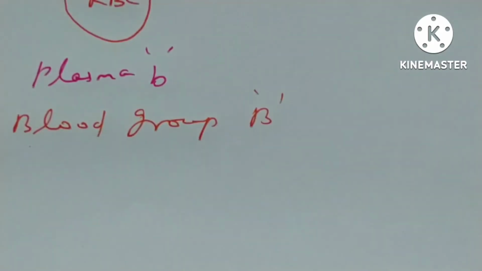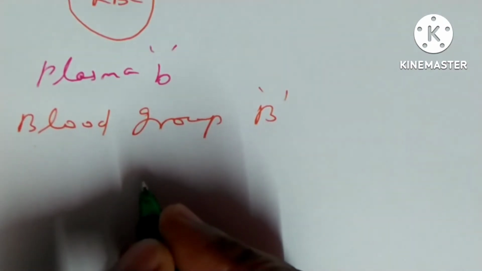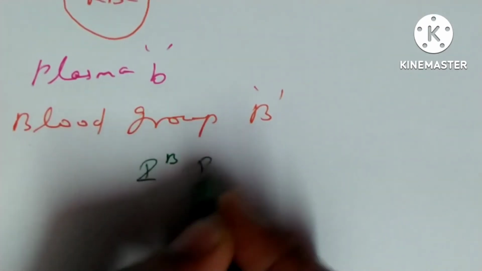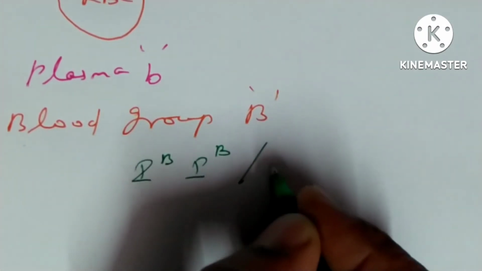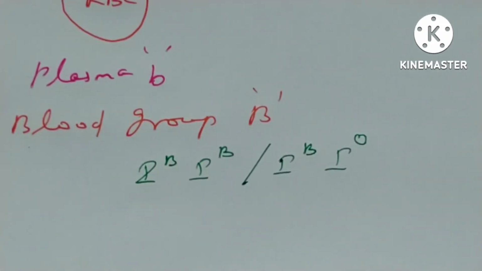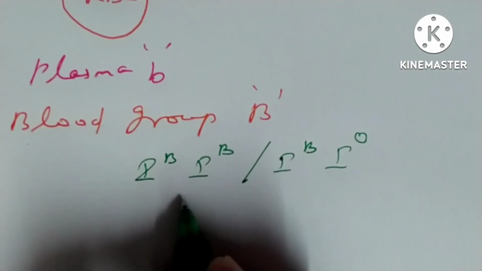Next one, blood group B means the genetic makeup, the allele formation, IB IB, but maybe IB and IO. This is the homozygous and this is the heterozygous form.